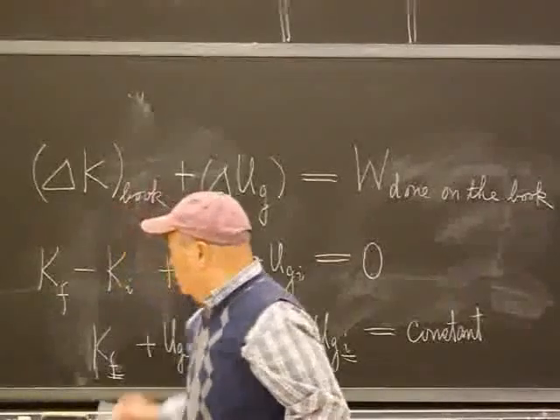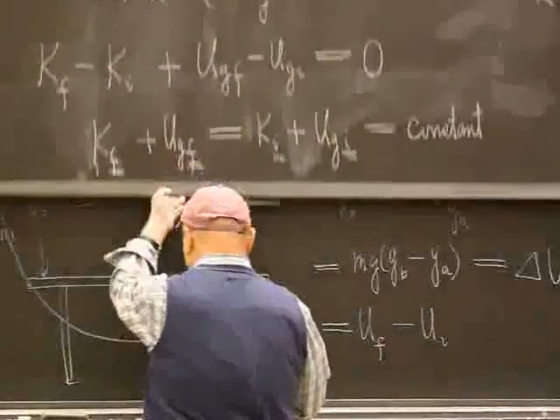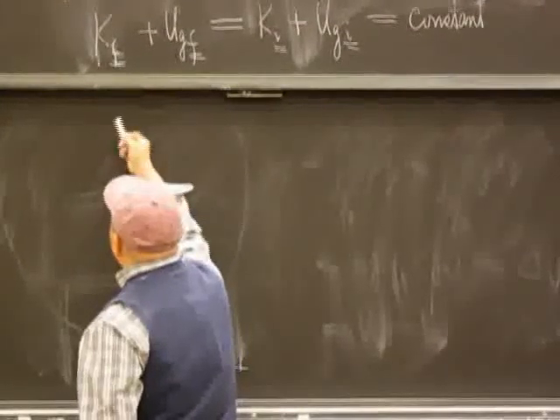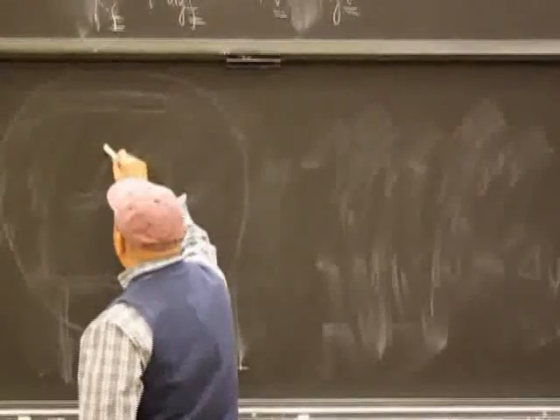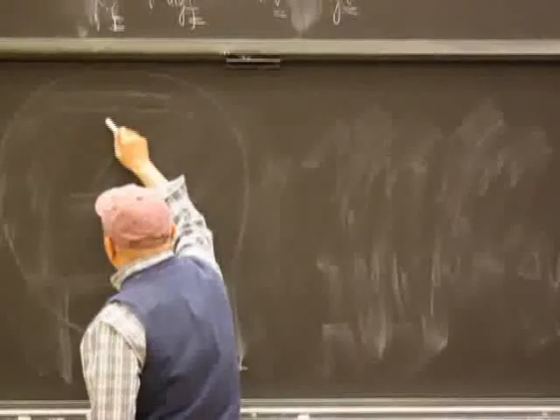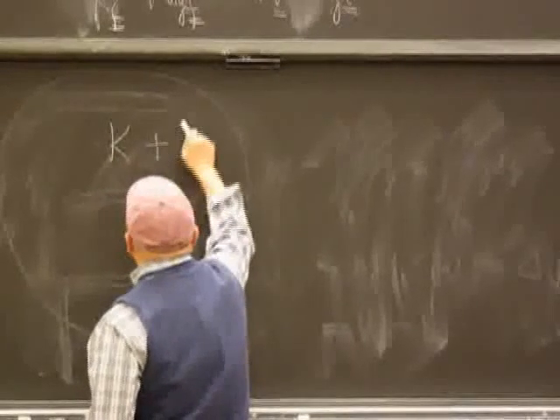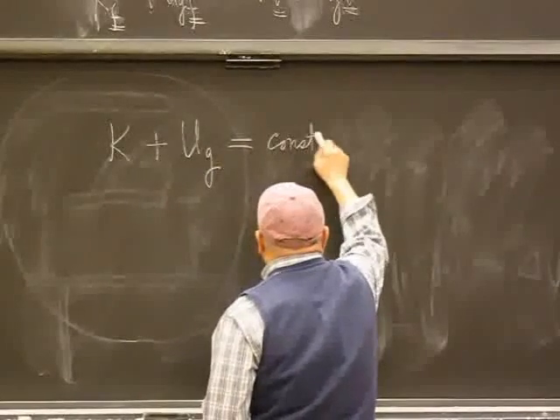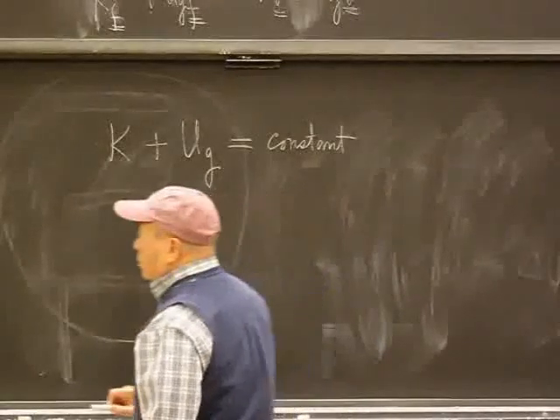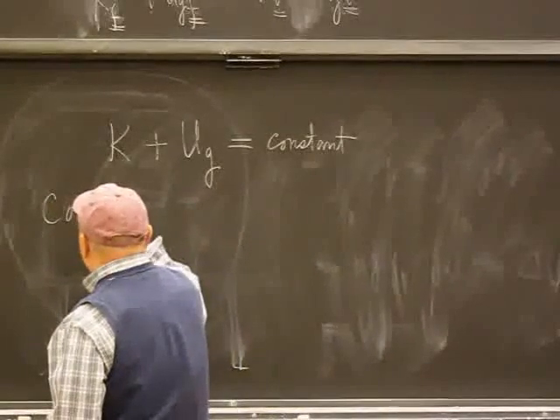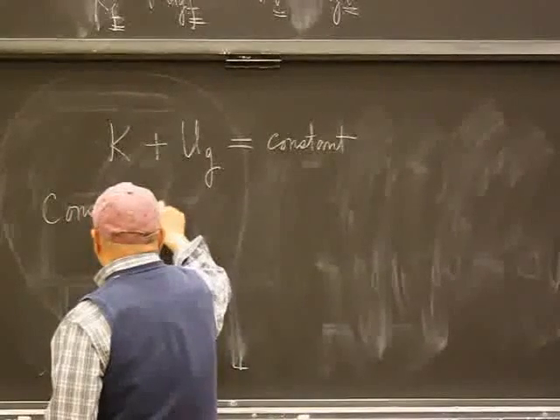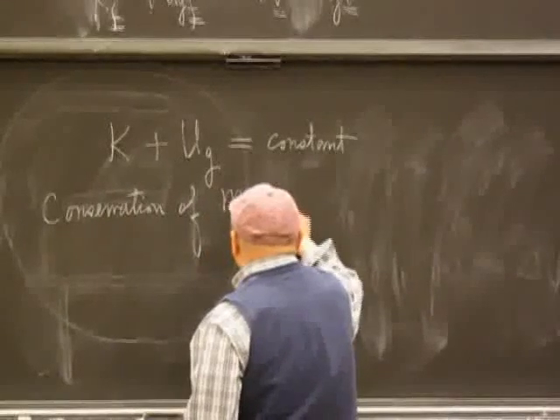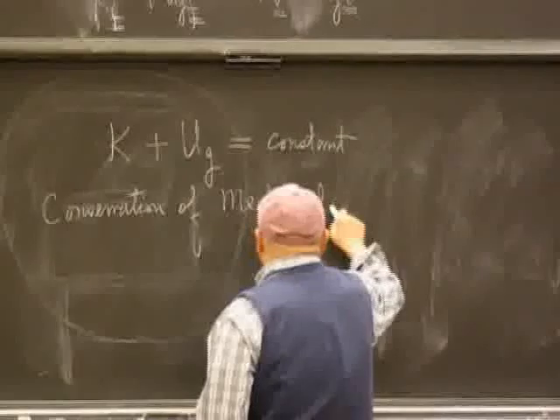It says kinetic energy plus potential energy equals constant. We can also call it conservation of energy. In this case, we like to say conservation of mechanical energy. The total mechanical energy is constant.